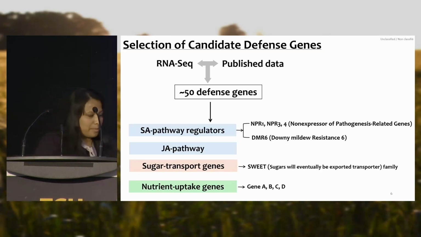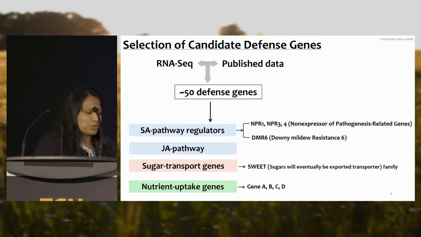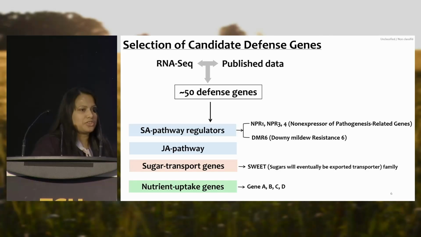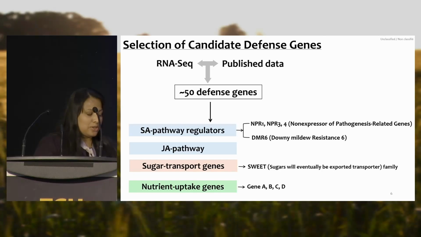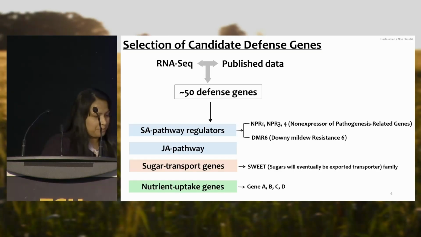There is also a nutrient uptake gene that came directly from our RNA-seq data and was highly induced during clubroot infection, so it is most likely an excellent susceptibility gene candidate. Since this work is ongoing, we have named them gene A, B, C, D.